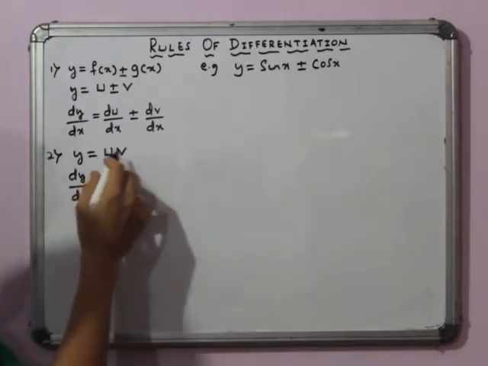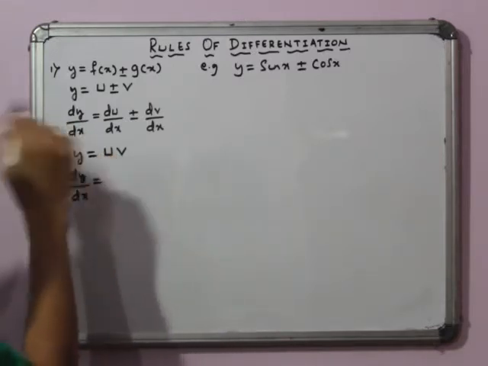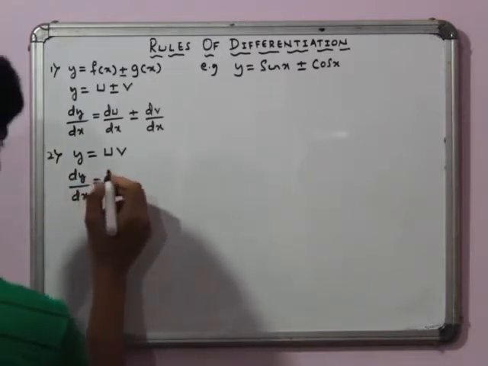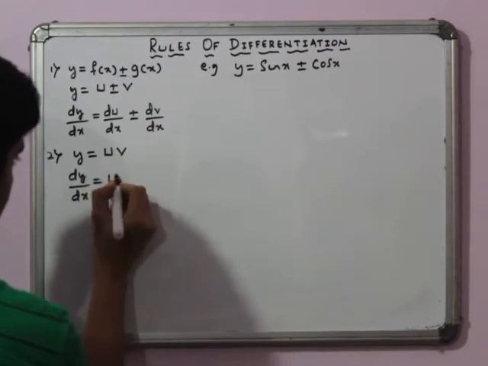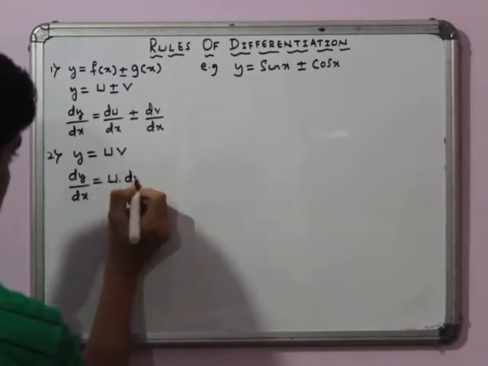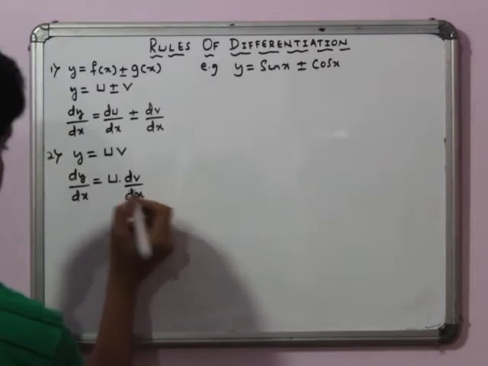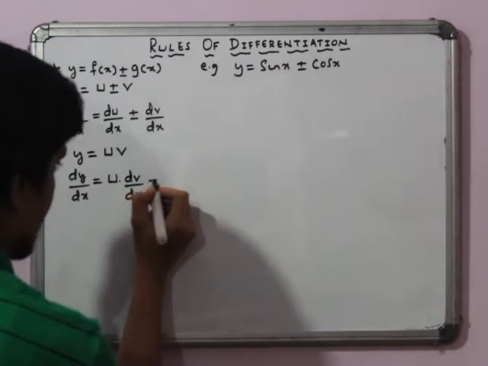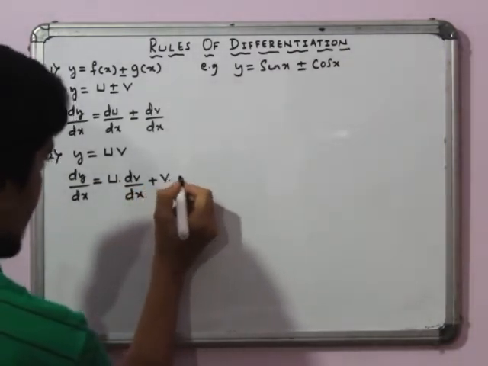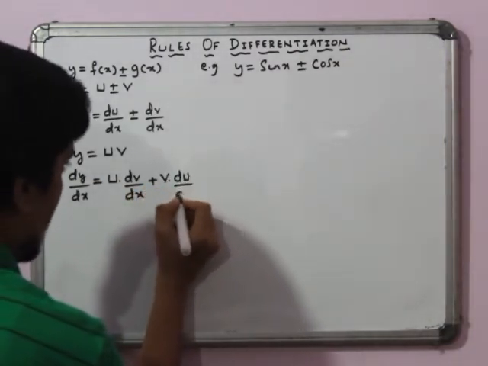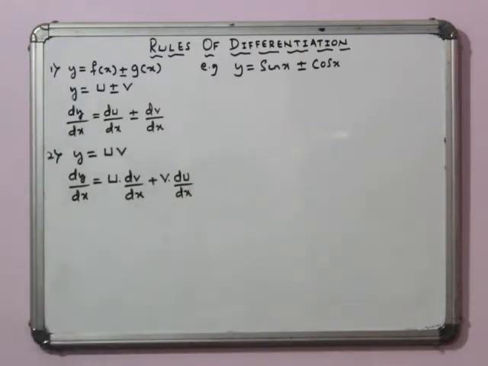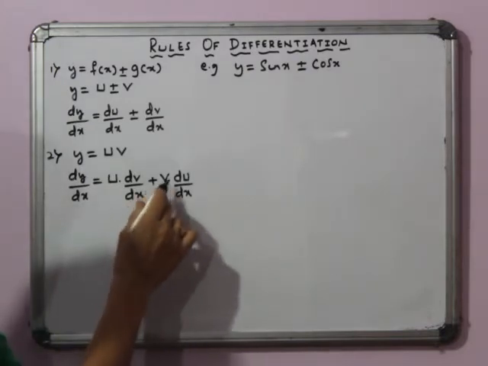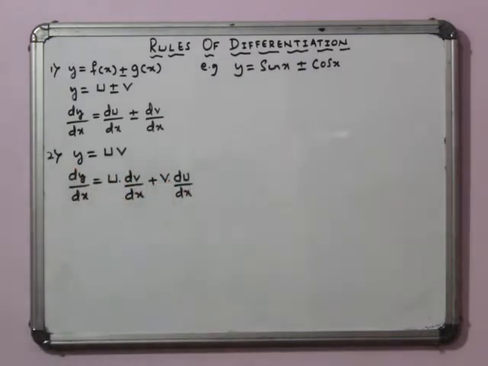And one more thing to add here: u and v are functions of x. dy by dx is equal to first function, that is u, into differentiation of second function, plus second function into differentiation of first function, u into dv by dx plus v into du by dx.